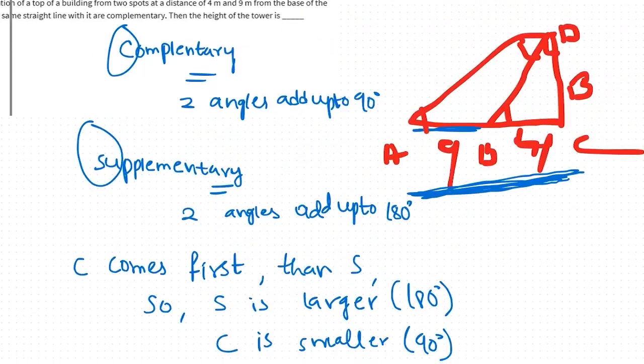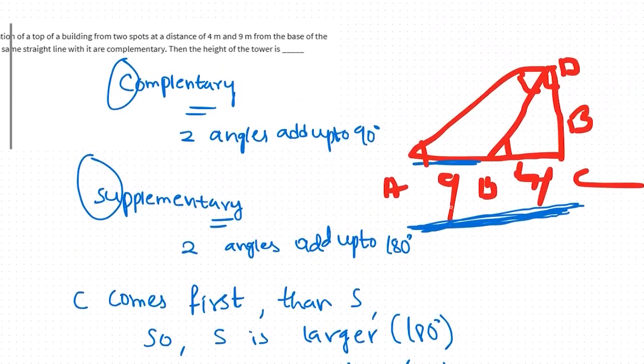In this question, you have to find the height of the tower, this DC value. They are saying that these two angles are complementary.